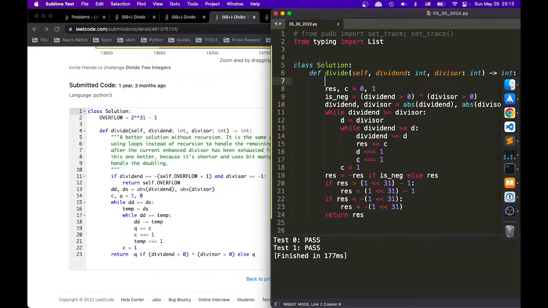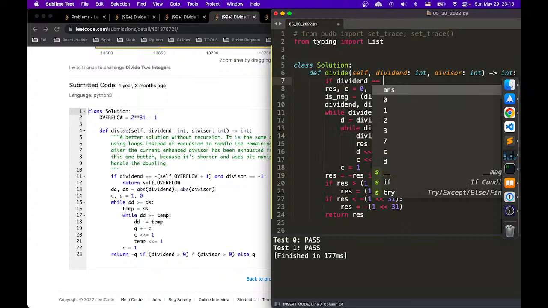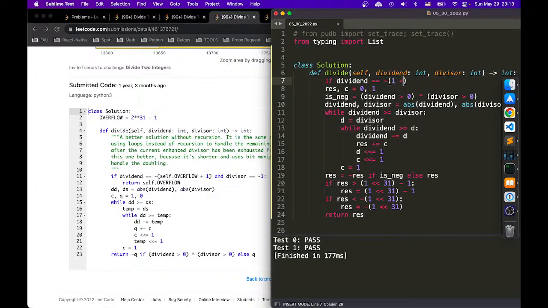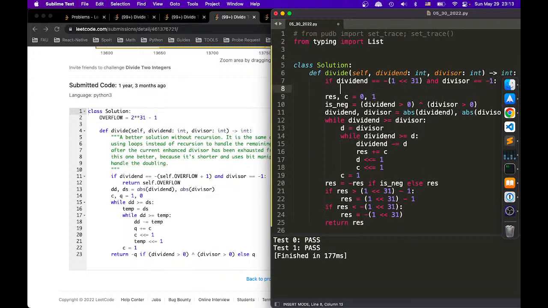So we say if dividend is equal to minus 2 to the 31 and divisor equal to minus 1, that's the only chance. And we just return 1 left shift 31 minus 1. And that's it, and we don't have to do anything.